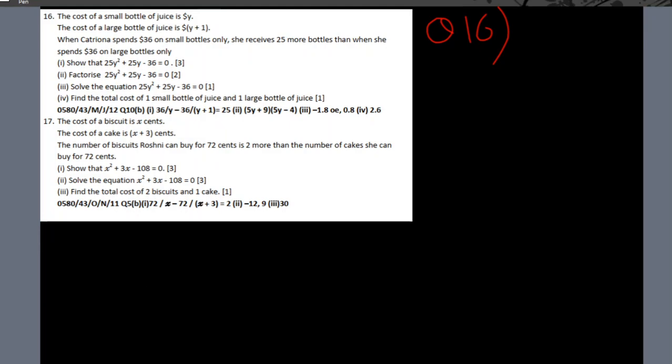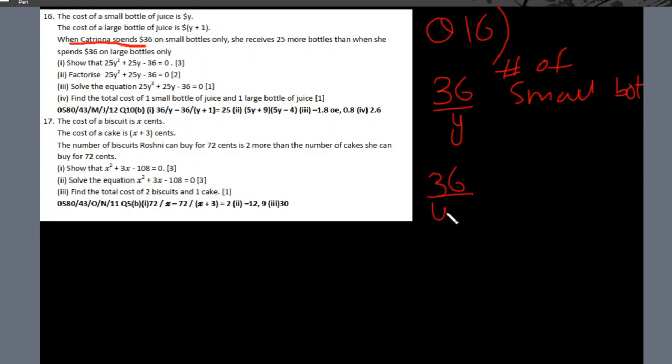Okay, so let's reread the question. When Katrina spends $36 on small bottles only, that means she gets 36 over y small bottles. And she receives 25 more bottles than when she spends $36 on large bottles only.